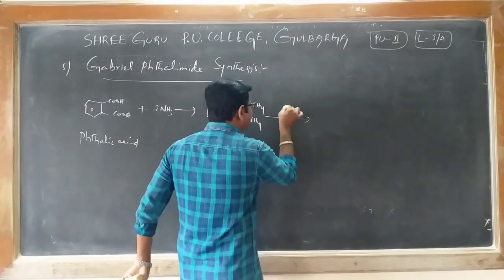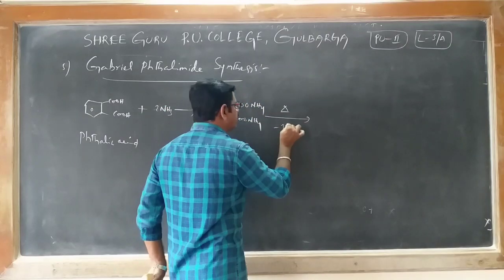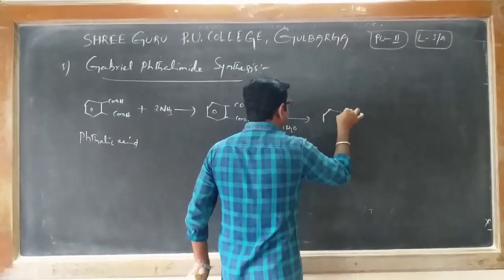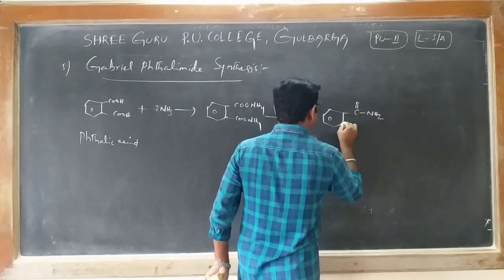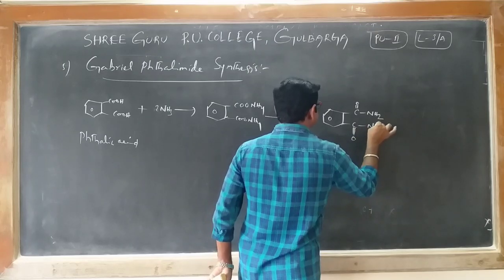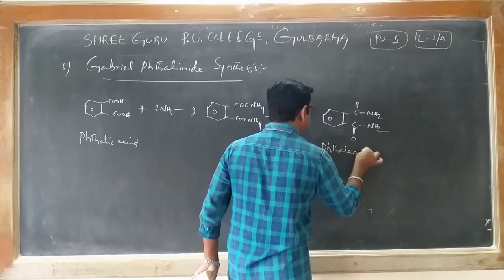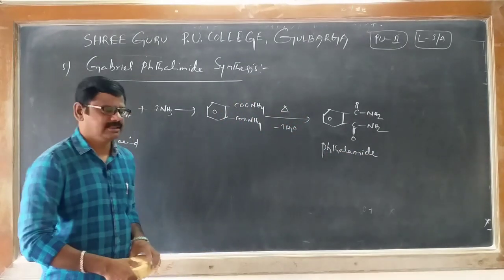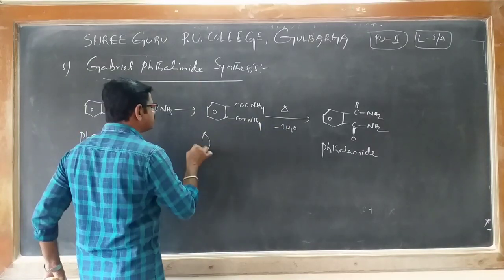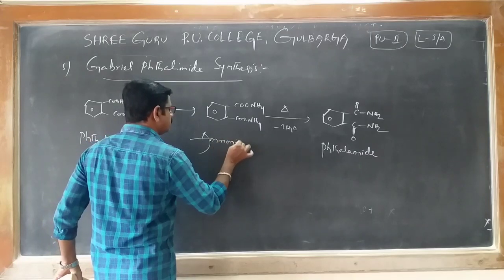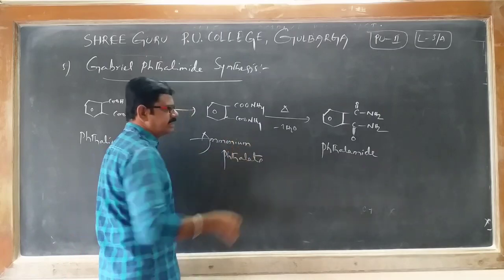When ammonium phthalate is heated, 2 water molecules are eliminated, and we get benzene with CONH2 and CONH2. Its name is phthalamide.